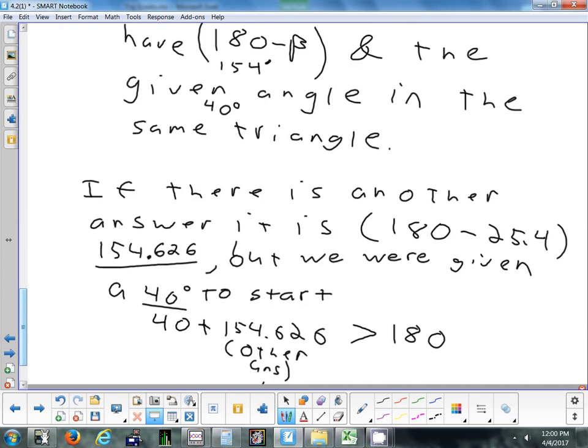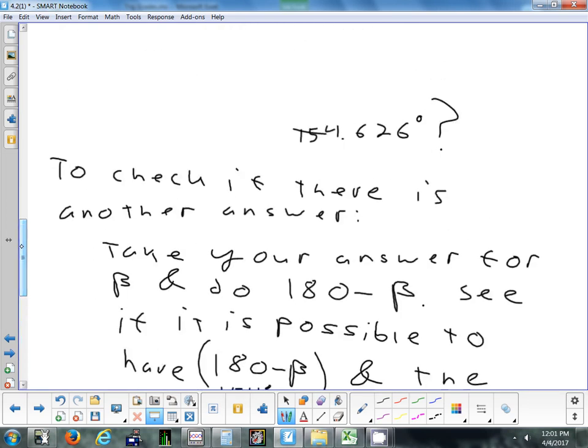Any questions on how we got the 154 or how we determined that it doesn't work in this problem? Okay, so those are your first two steps. Find the angle, then determine if the angle works. So I'm going to cross it out because I don't need it.